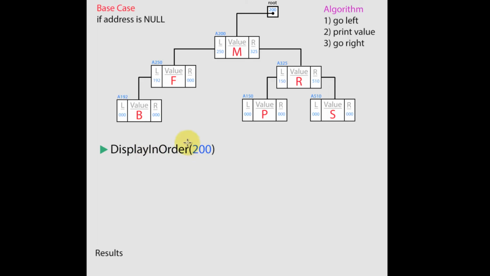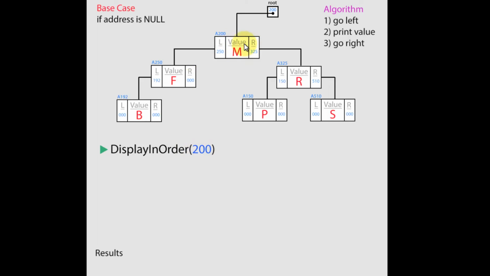So we call displayInOrder on the first address, which is going to be the first node, which is root. Then we check the base case. If it's not null, then we need to go to the left. So then we're going to call displayInOrder on the left.